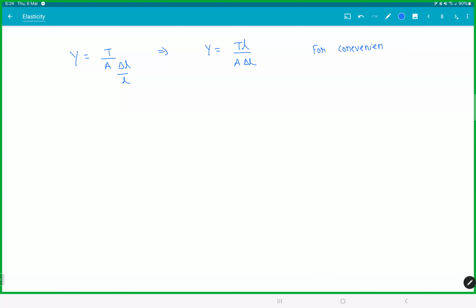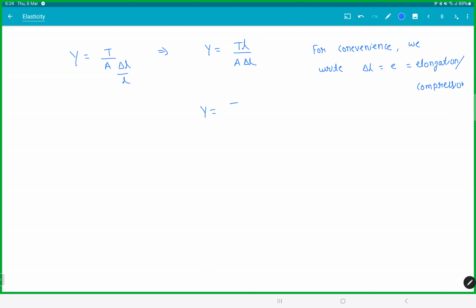So we write delta L as e, which is elongation or compression. There, this is your first formula.